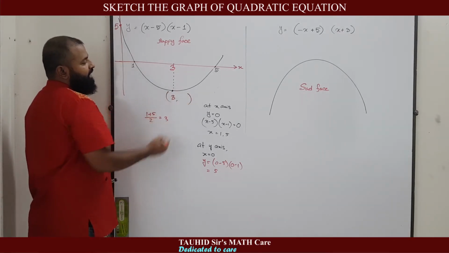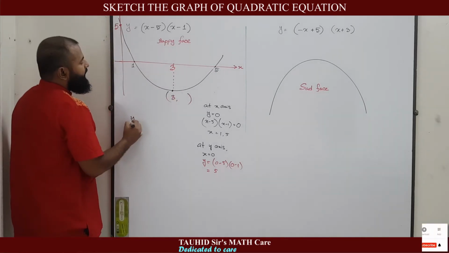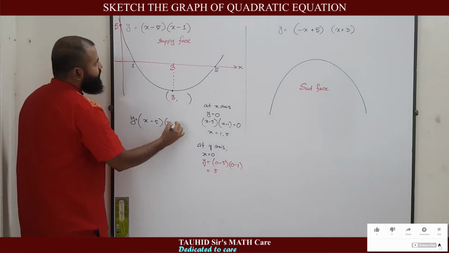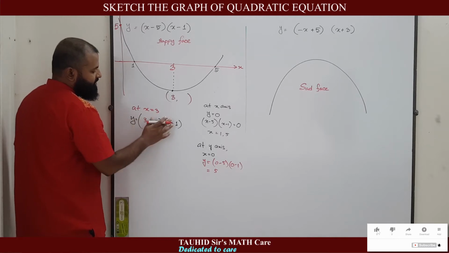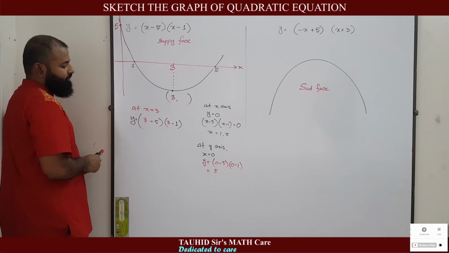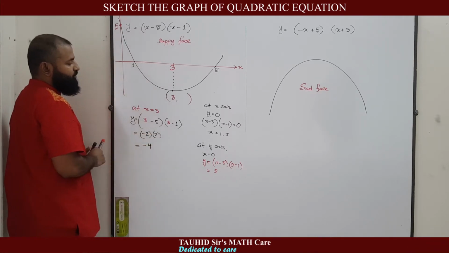This is 3. And what is the y coordinate of this? y equal to x minus 5 into x minus 1. And at x equal to 3, 3 minus 5 multiplied by 3 minus 1. So the minimum value is minus 4.